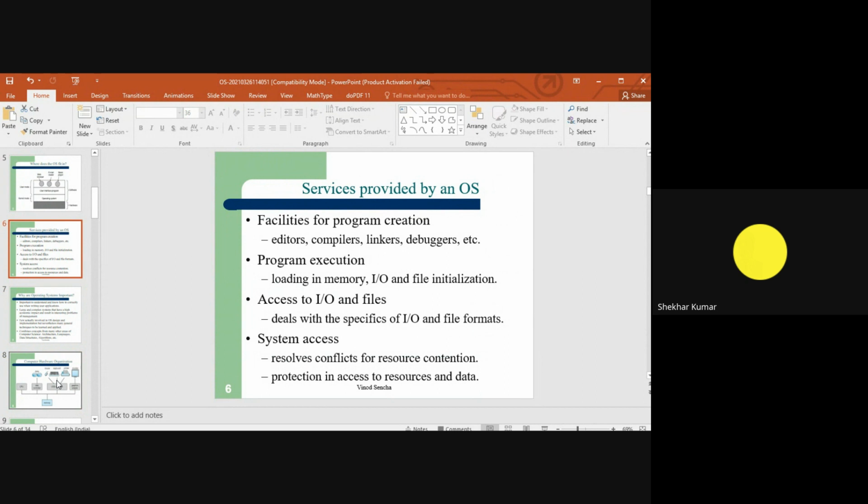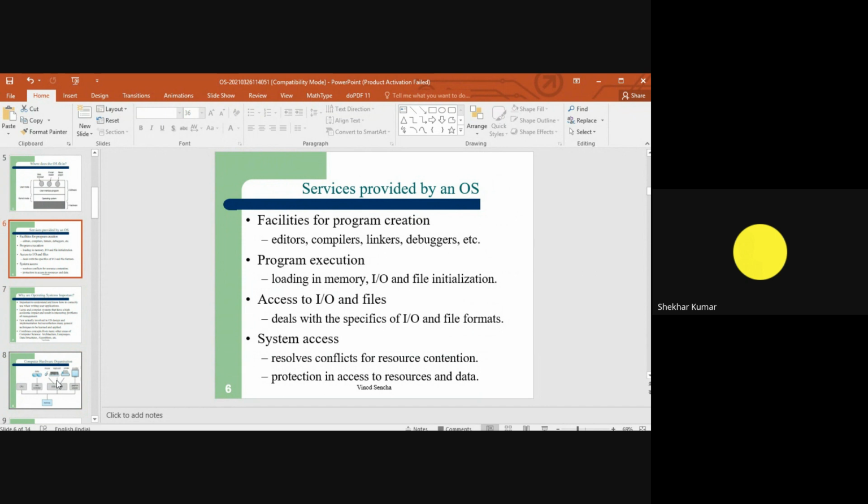Or file management. All file related activities, such as organization, storage, and naming, and to protect those files, also require operating systems.